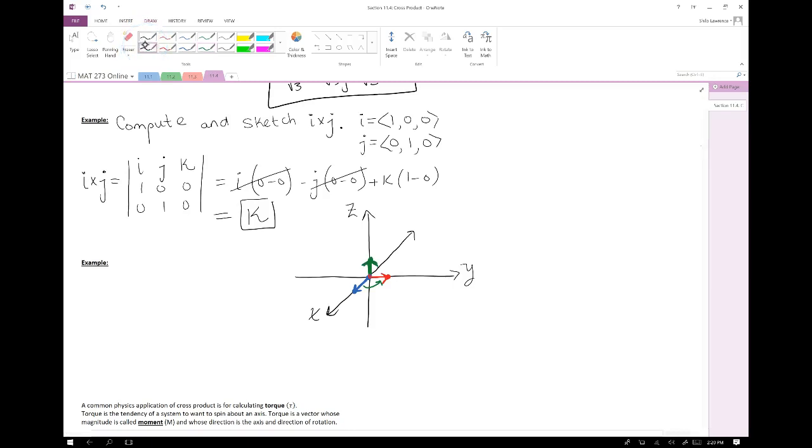For our second example, we're going to compute another cross product, but then we're also going to show algebraically that it is in fact orthogonal to the two original vectors. So we're going to compute V cross W for V having components 4, -1, 0, and W having components -2, 0, 5.